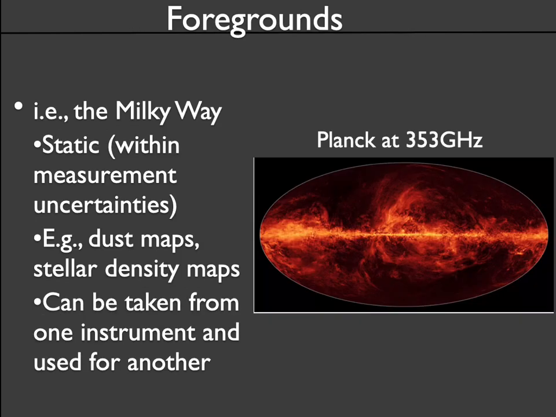And so for foregrounds, that's basically the Milky Way, traced in many different ways: stars, dust, whatever, different kinds of emission lines. So these will be static. We can improve these maps all the time through better measurements of the structure of the Milky Way.